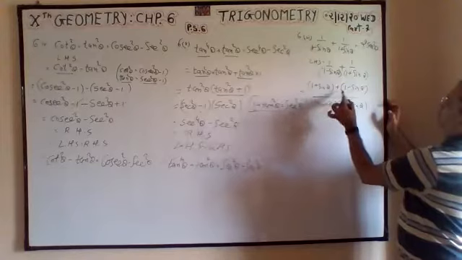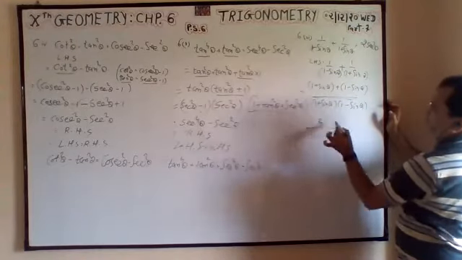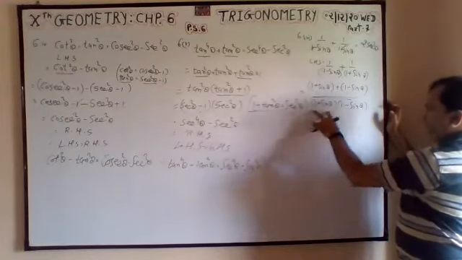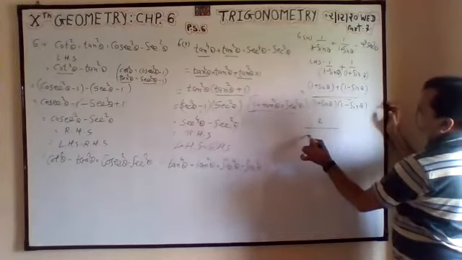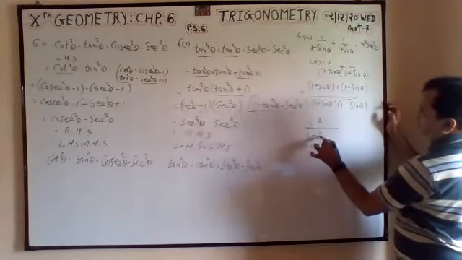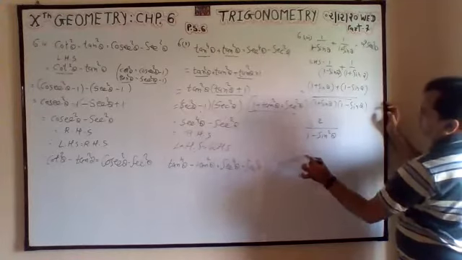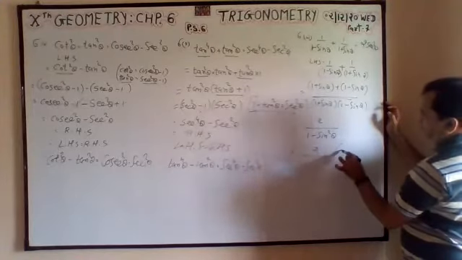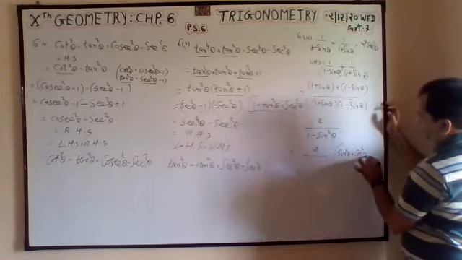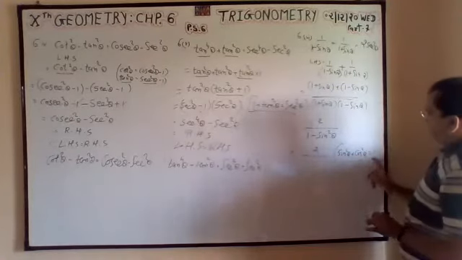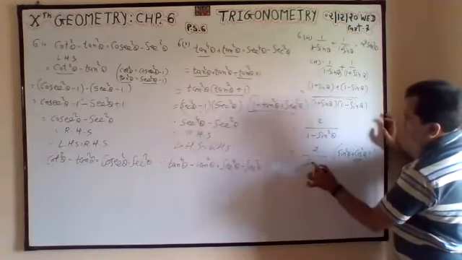So here sine and sine will cancel, 1 plus 1 is 2, a plus b, a minus b, so a square minus b square means 1 square, and as we know sin square theta plus cos square theta is equal to 1, so 1 minus sin square theta is equal to cos square theta.